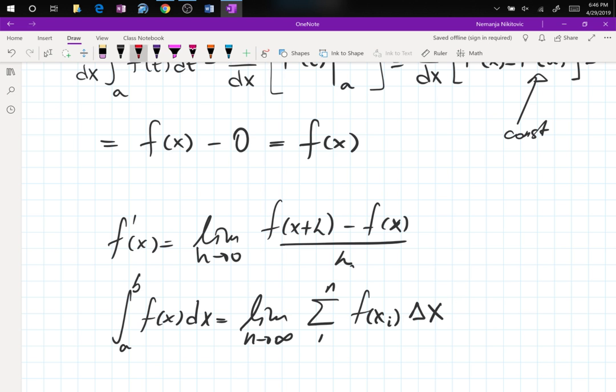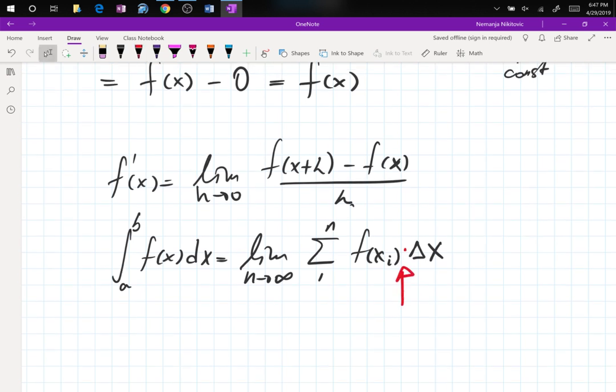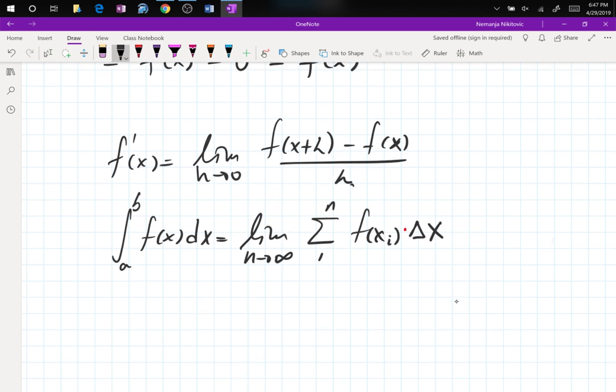So there is a multiplication. Let me write it in blood right here. F times delta x, right there. So do not, under any circumstances, forget your dx's and dt's ever, because you trigger my allergies and then I become allergic to you, which is a problem.